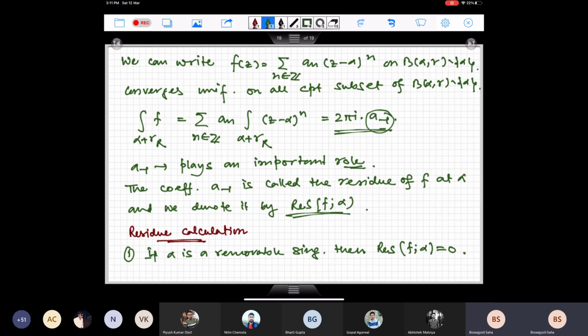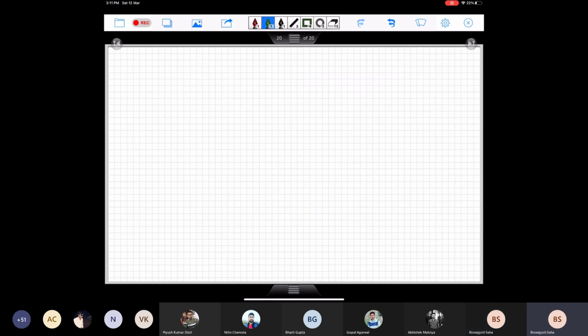Okay, so next, case 2: alpha is a simple pole of f. I want to figure out what the residue at alpha is. Here I need to know the coefficient of 1 upon z minus alpha in the expansion of f around alpha.